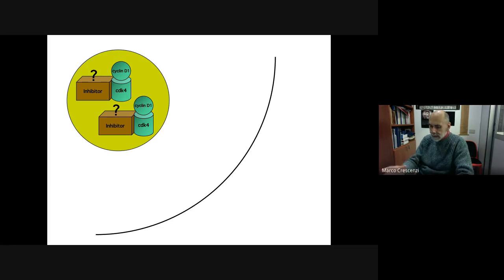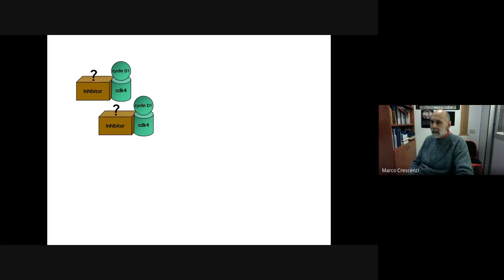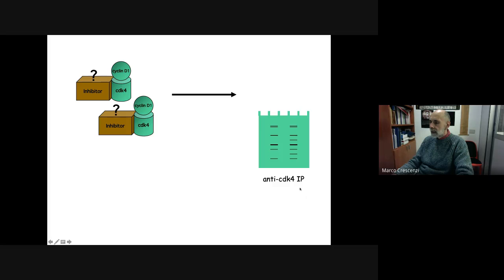So here's what we did. As I've said, we overexpressed cyclin D1 and CDK4. We lysed the cells, we broke them up, and we immunoprecipitated the protein extracts from these cells with an anti-CDK4 antibody.